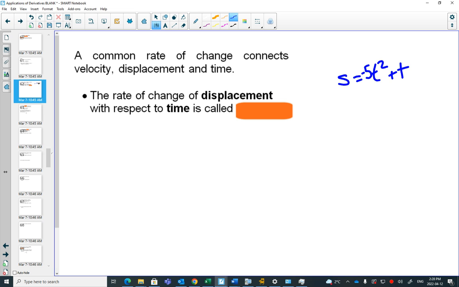Suppose you had some equation that was displacement. If you found the derivative, and we wrote the derivative in terms of s and t and used Leibniz notation, do you see that ds/dt would be negative 10t plus 1?